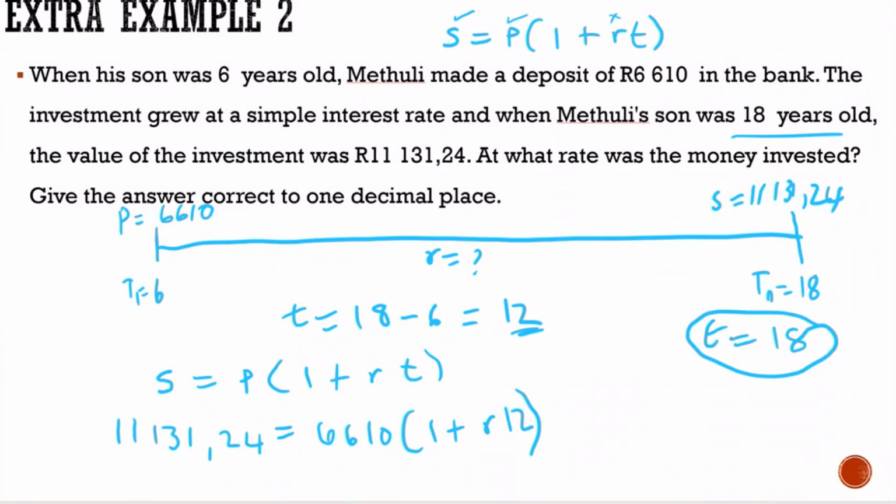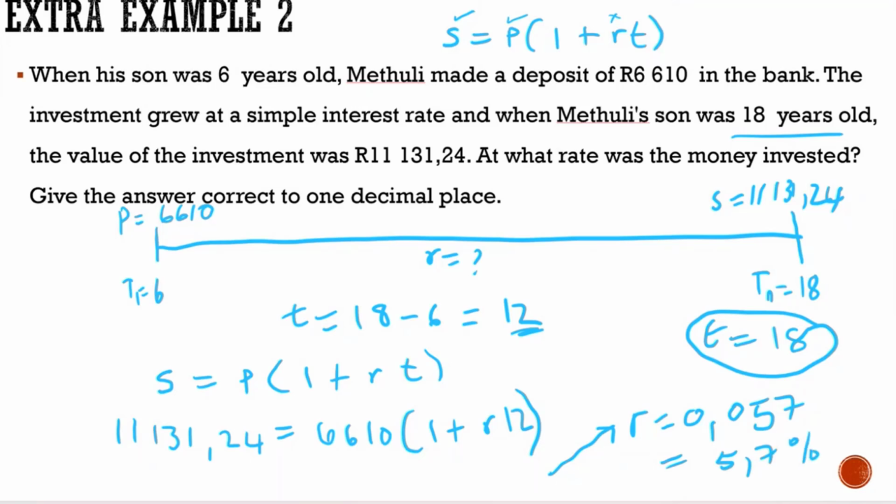Once you do that, you are going to get your answer that your R is equal to 0.057, which is equivalent to 5.7%.